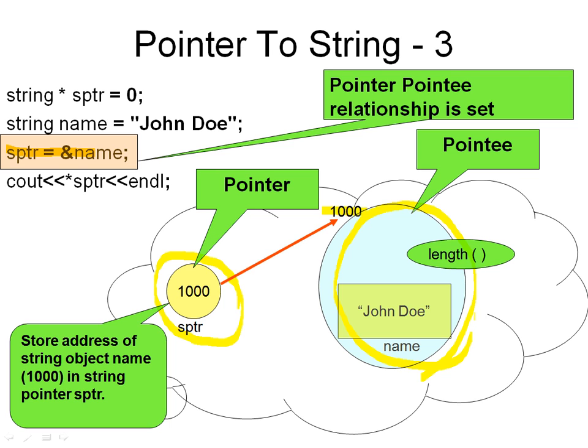Name is this object. It has a length function as part of the object. It has John Doe stored in it. SPTR is now a pointer to name, so a pointer-pointee relationship is established as soon as this statement here is executed.